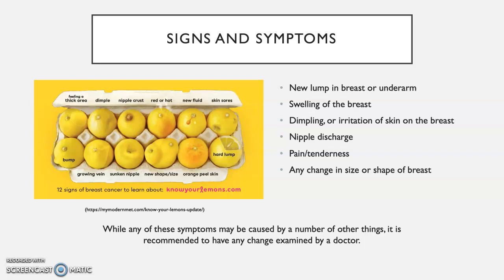So as you can see in this photo here, there is a campaign called Know Your Lemons, and it was started because an individual who wanted to increase breast cancer awareness wanted to be able to post things online about knowing how to spot changes in your own breast, but obviously they were not permitted to post pictures of women's breasts online, so they used lemons in order to demonstrate the differences or changes that could be occurring in an individual.